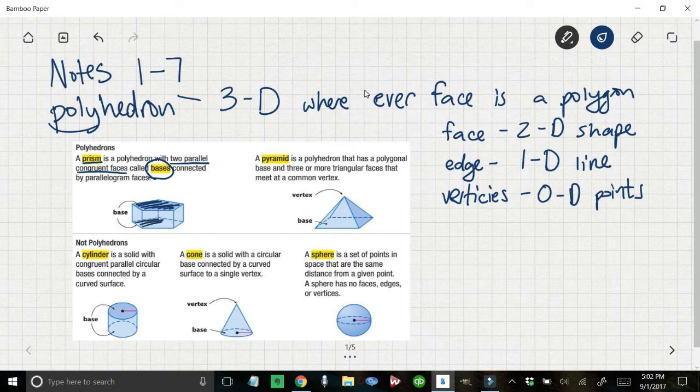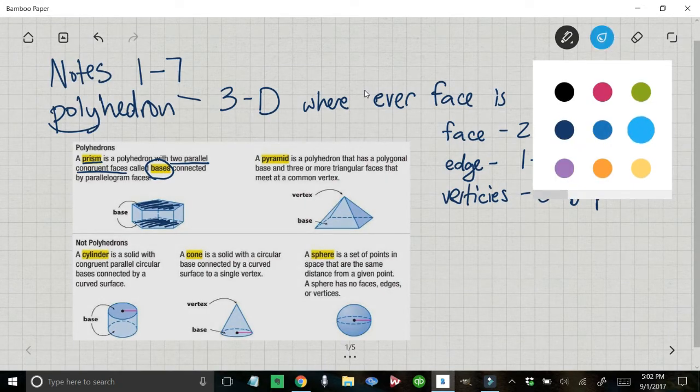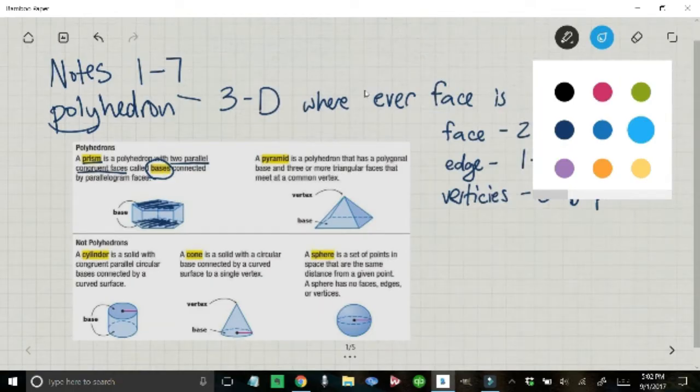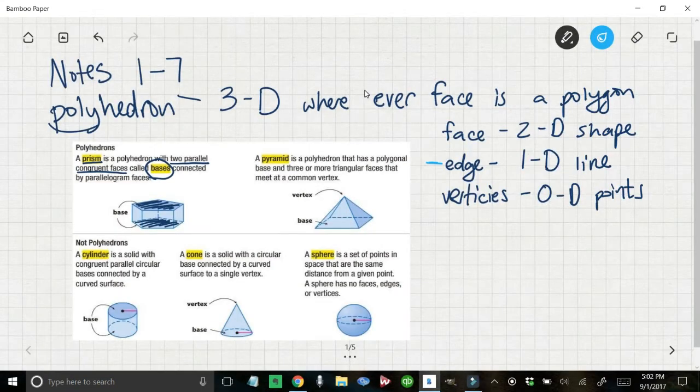So in this polyhedron, it has two congruent bases, where these faces are congruent. It would actually have the two bases and then 5 other faces around it. So this one would have 7 faces. Looking at these other words, this word edge would be like the line segments.